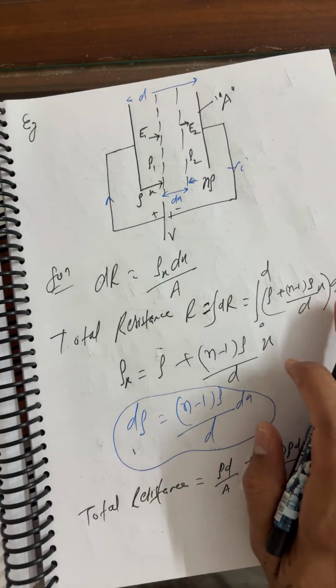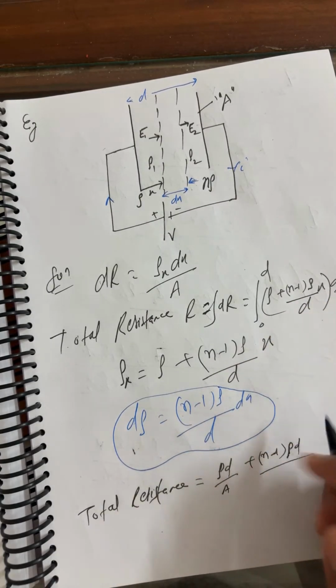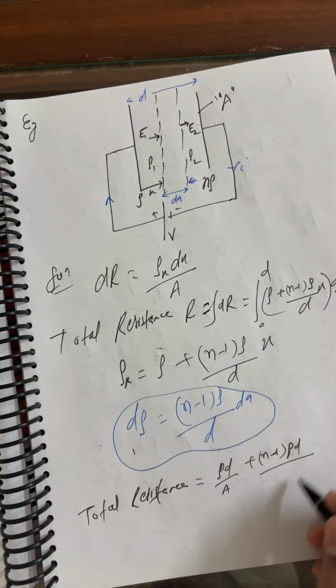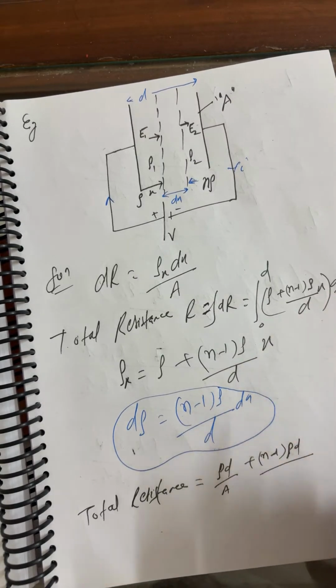Just see here, I'm doing everything from here only. It's a d square here, so x square by 2. So d cancels here, and you can say this is 2A. So finally just solve here. You can just take the LCM.